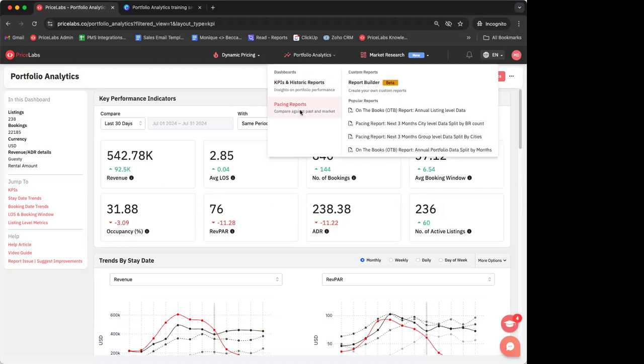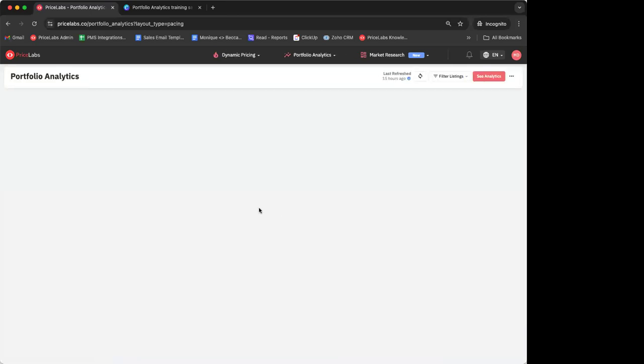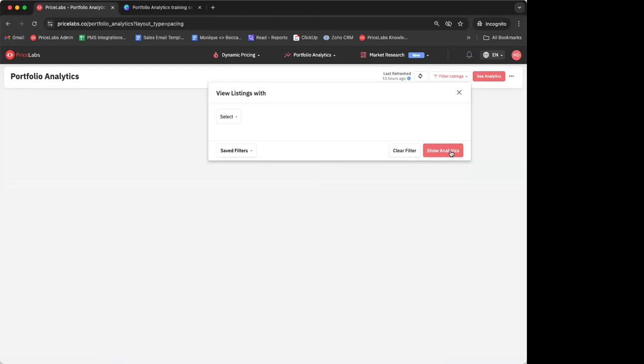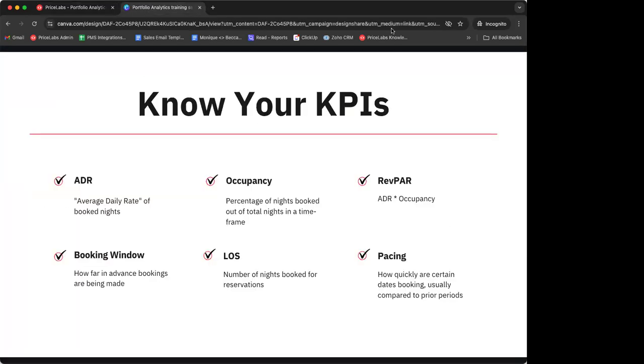Cool. So let's move on to the pacing reports, because this is probably my favorite section of portfolio analytics. Again, you can just click show analytics when you get this filter drop down to view all listings at once. We're going to give it a second to load.